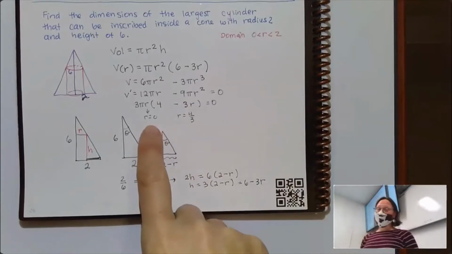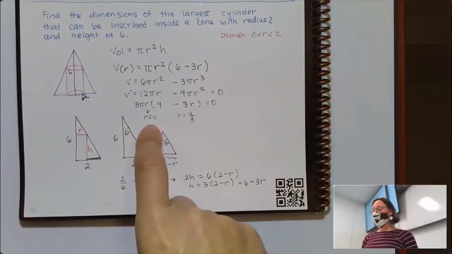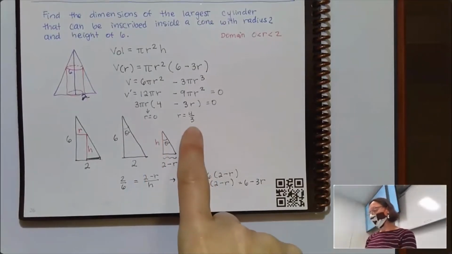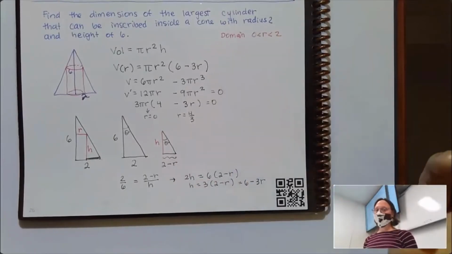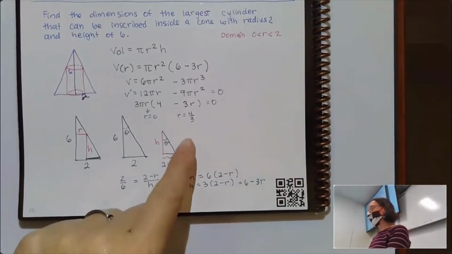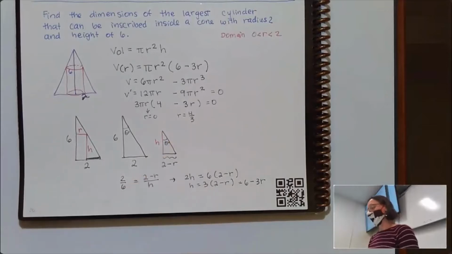We don't have a cylinder if r equals 0, so I'm definitely not looking at that. So I just want to check, is r equals 4/3? First of all, is it inside of our domain? And it is. And then I'm going to check using the second derivative test to see whether this would be concave up or concave down.